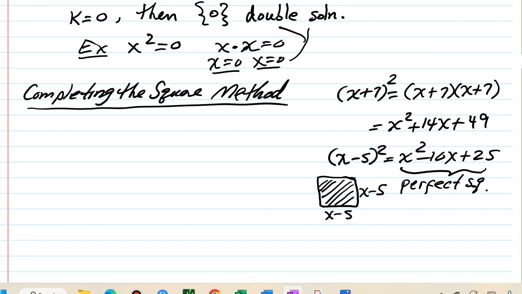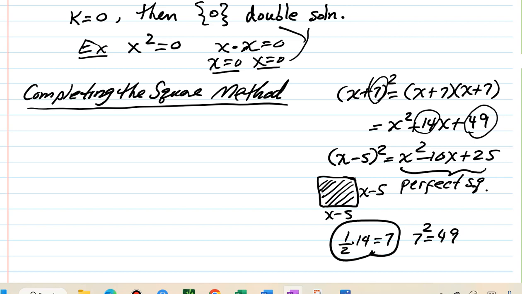Okay. Now, let's actually take this the other way. Let's again go back and look at the relationship between 14, 49, and 7. 7 is half of 14, right? Half of 14 is 7. 49 is when we square 7.